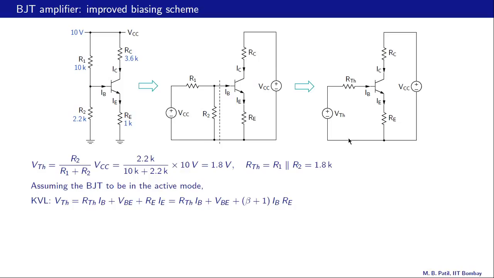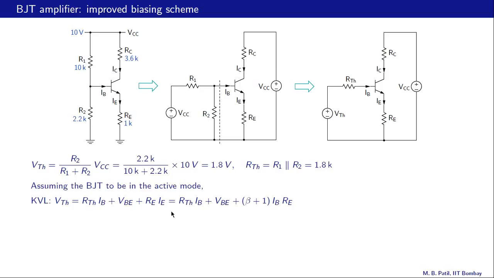KVL says that this voltage drop VTH is the sum of three voltage drops: RTH times IB, the first term here, VBE about 0.7 volts, the second term here, and RE times IE, the third term here. Now IE is beta plus 1 times IB, and therefore we can write KVL as VTH equal to RTH times IB plus VBE plus beta plus 1 times IB times RE.